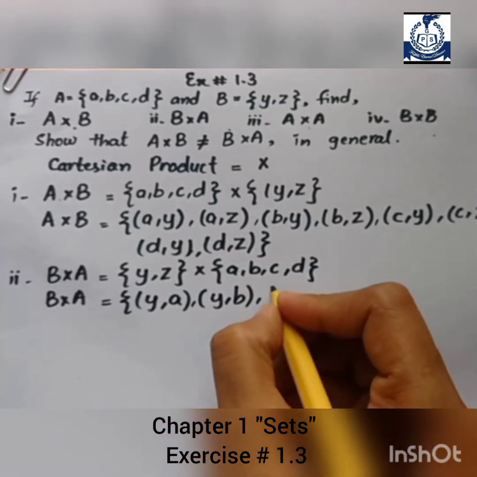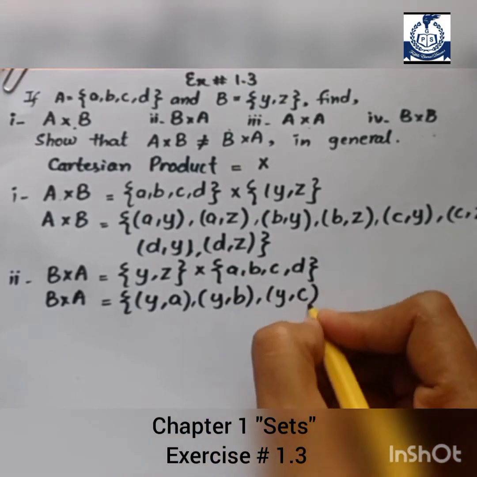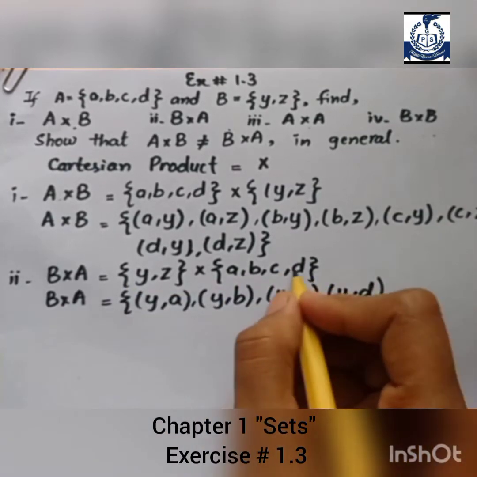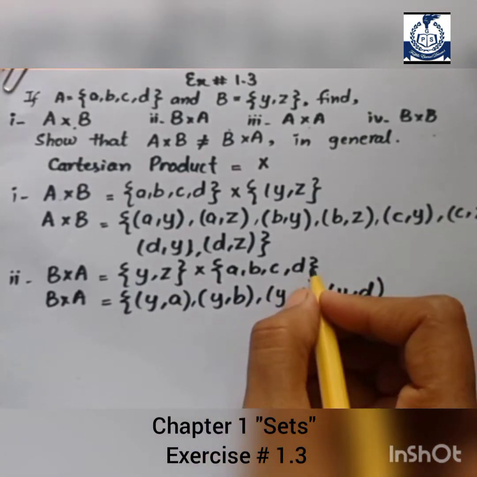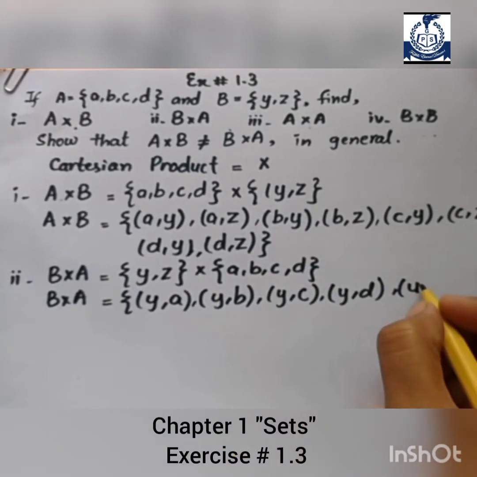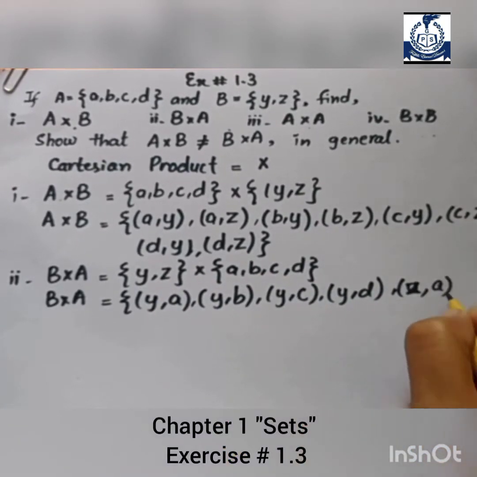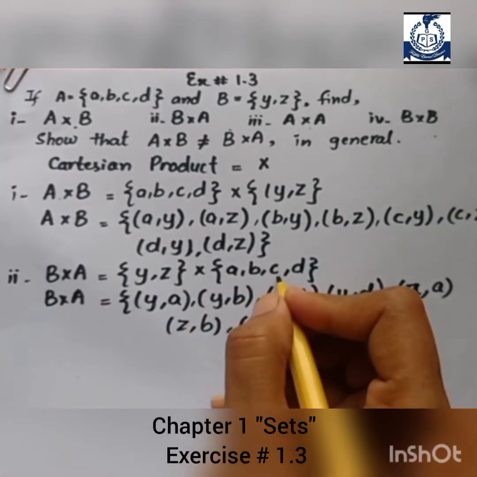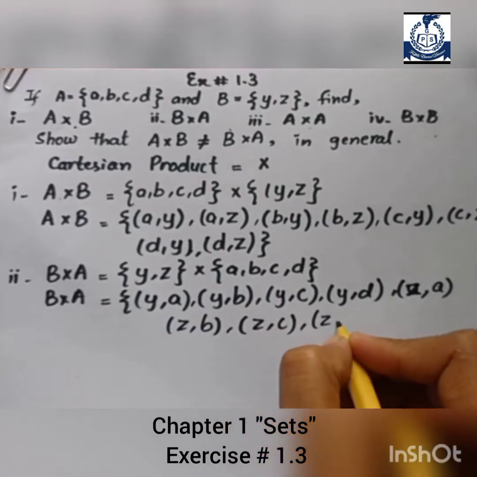So y comma a, y comma b, y comma c, y comma d. Then we multiply z with a, b, c, d: z comma a, z comma b, z comma c, z comma d.